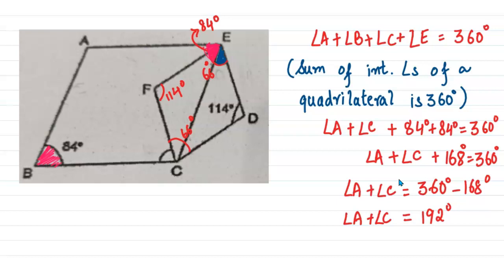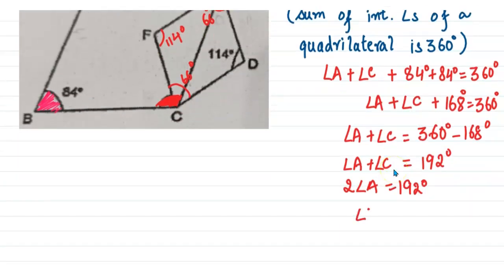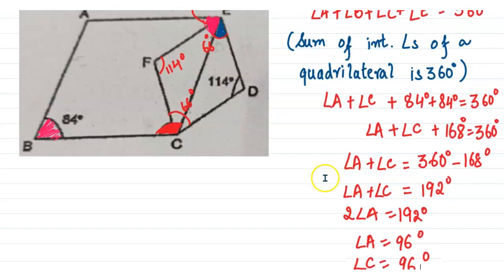Now again, A and C are opposite angles. We are talking about this whole angle, this whole C, and they are opposite angles, so they should be equal. So here we get 2 angle A is equal to 192 degrees and angle A will be equal to 96 degrees and C will also be equal to 96 degrees.